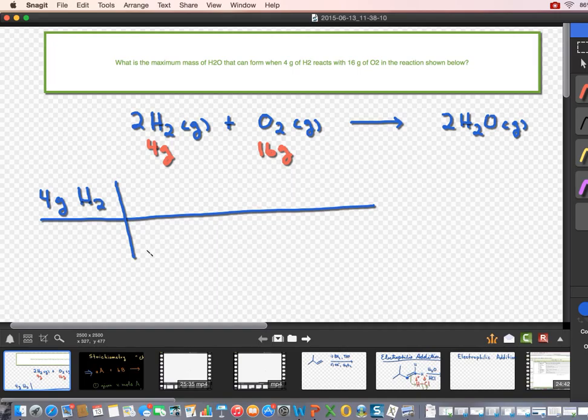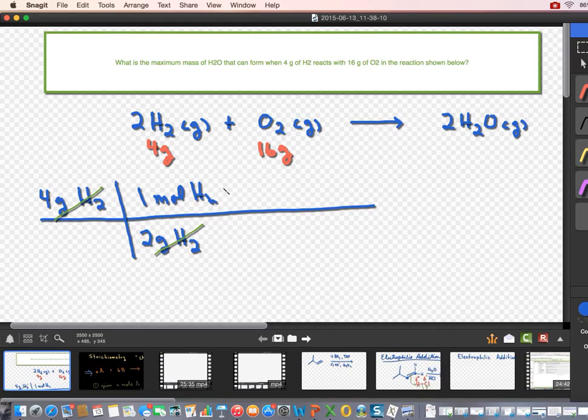We know hydrogen has a mass of 1, so H2 has a mass of 2. Therefore, 2 grams of H2, notice this goes in the denominator, so it can cancel, corresponds to 1 mole of H2. And the units grams of H2 will now cancel.